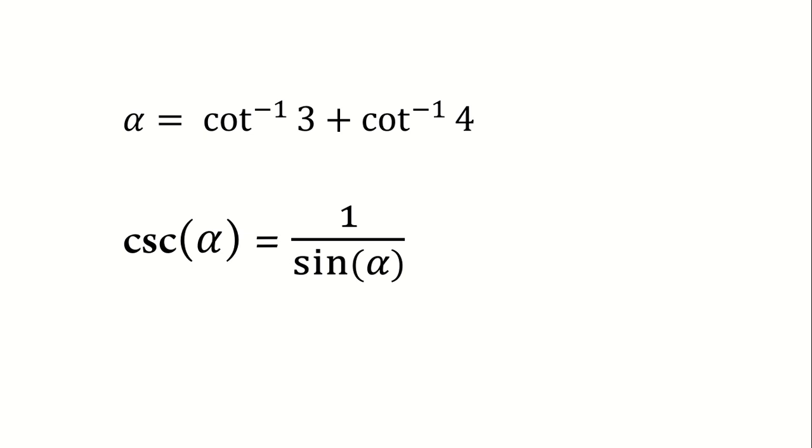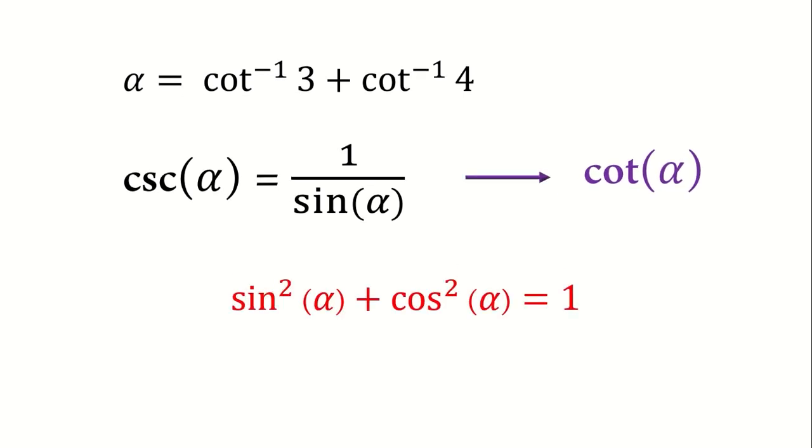The aim is to get the sine of alpha, and for that reason we can look at how to get the sine of alpha from the cotangent of alpha. But before that, we have to get the cotangent of alpha. So we go the inverse path from the cosecant to alpha, and try to get the formula from the cosecant to the cotangent of alpha.